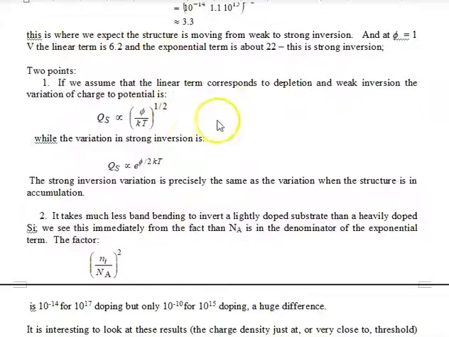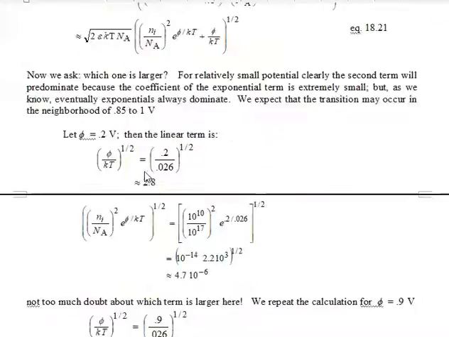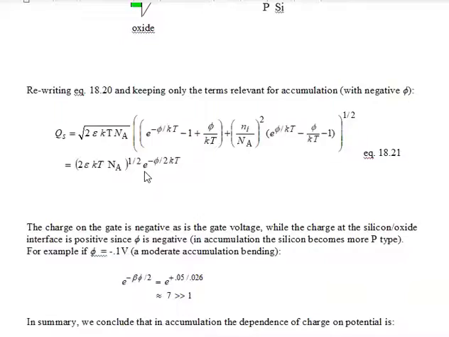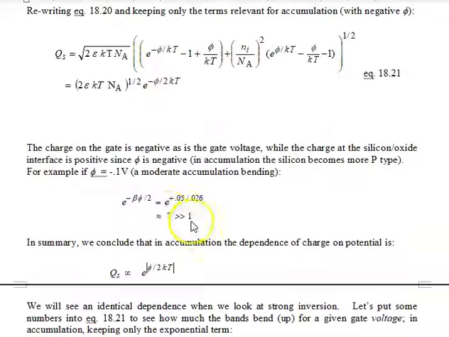So just 2 points here, which should be reasonably straightforward. First one we already know. At depletion, we have the linear term which predominates, and we're going to return to that in just a little bit. While in strong inversion, we have the exponential term. Now, if you look at this exponential term in strong inversion, and you go way, way back, oh my goodness, somewhere here, to depletion, we find that it is exactly the same.